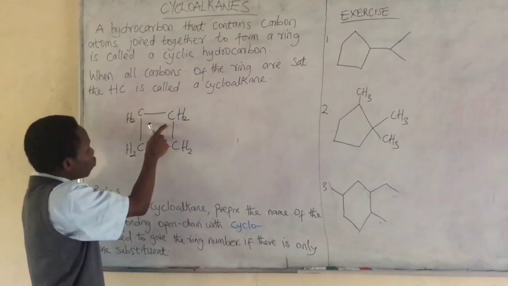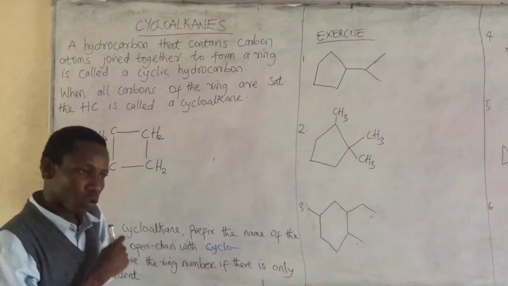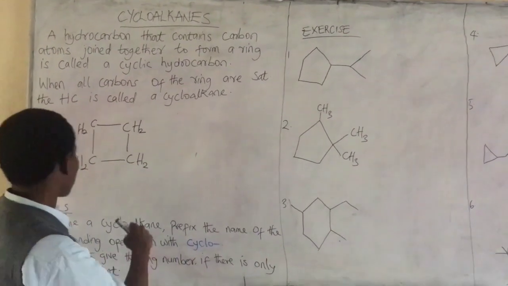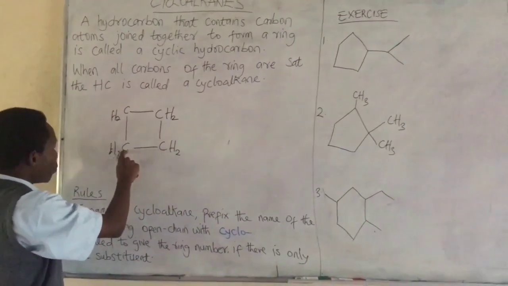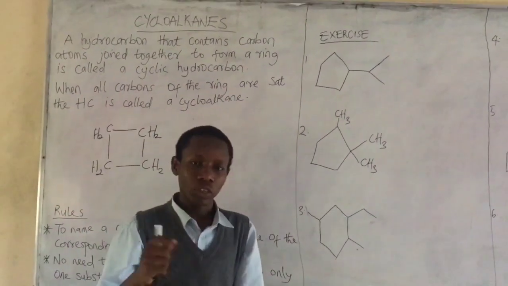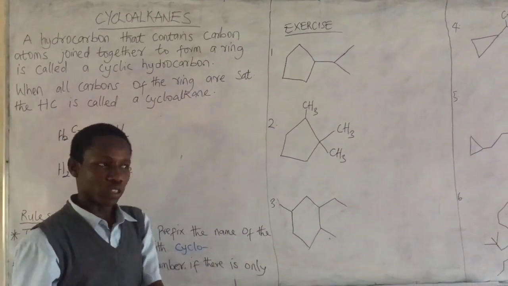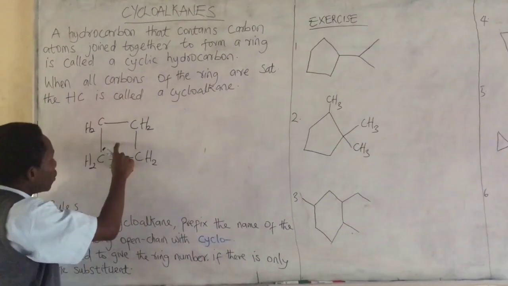So what you do is that you do the same thing by counting the number of what? Carbons in this structure. We have 1, 2, 3, and what? 4. From our first class down to our second class, we know that 4 carbons actually means what? Butane. So this is actually what? Butane.